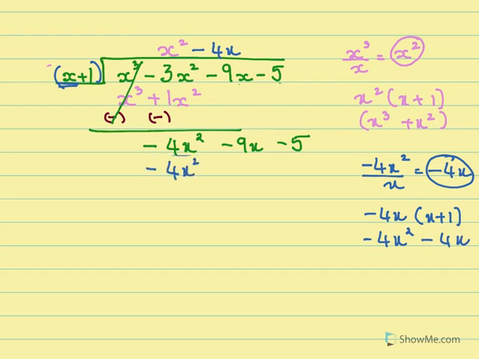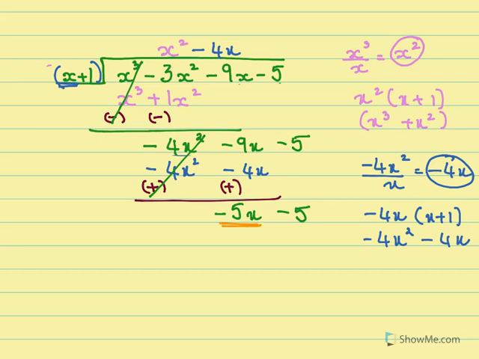So we write it out, minus 4x square minus 4x. We need to subtract. Subtract means changing the sign. Minus is plus. Minus is plus. Here this cancels out. Minus 9x plus 4x is minus 5x. Minus 5.